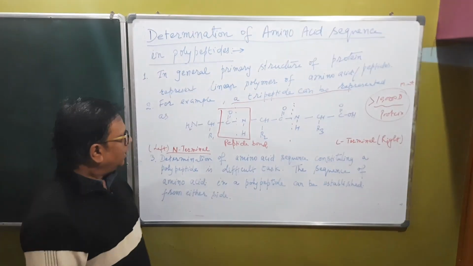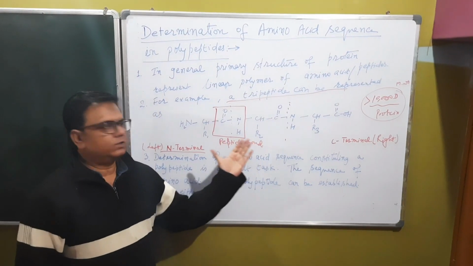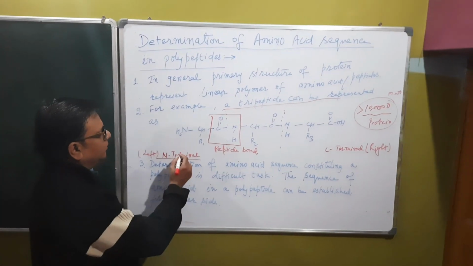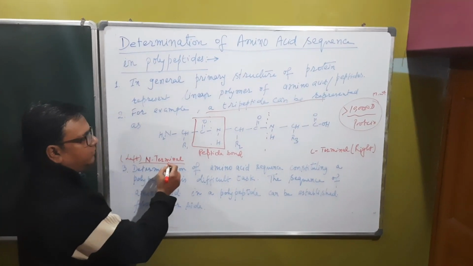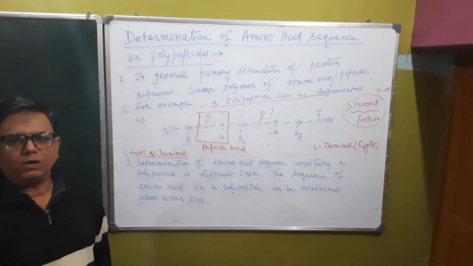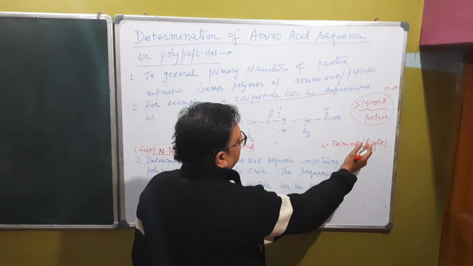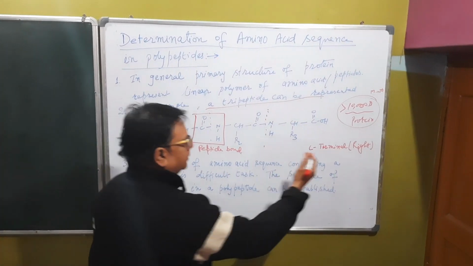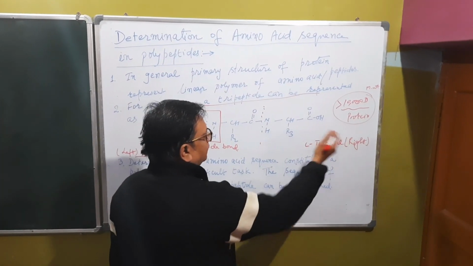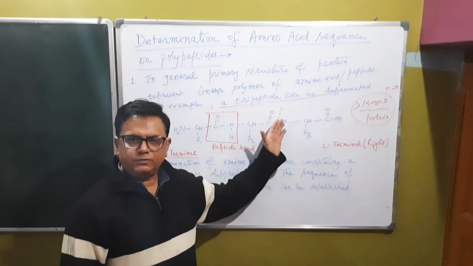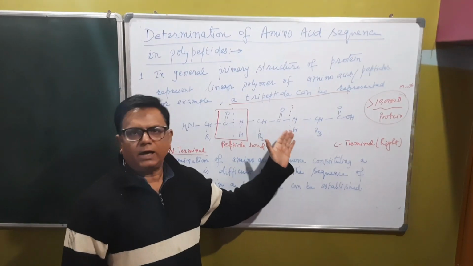Now the question is how to determine the amino acid sequence. That is, which amino acid is on the left side first, followed by others, and so on. Or similarly, if you determine the sequence from the right side, what is the first amino acid on the right side and to which it is connected, and so on.